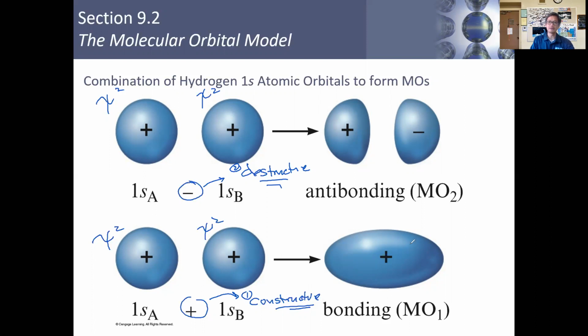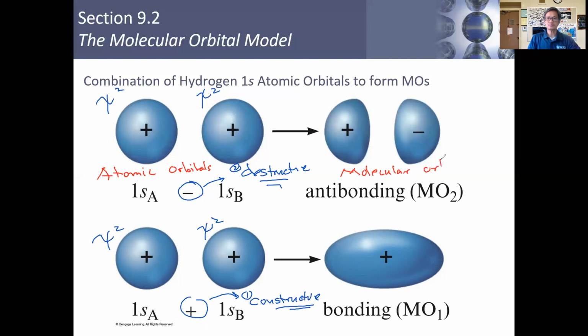So what we have on the right-hand side here is the formation of the new orbitals. Make sure you keep this in mind: on the left-hand side here are atomic orbitals, and on the right-hand side are the molecular orbitals.